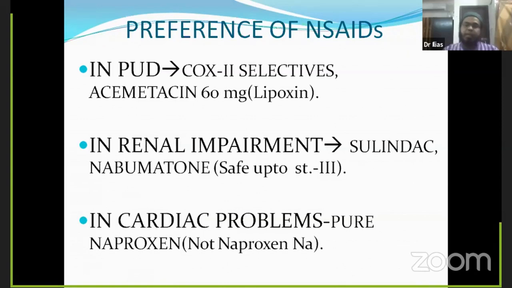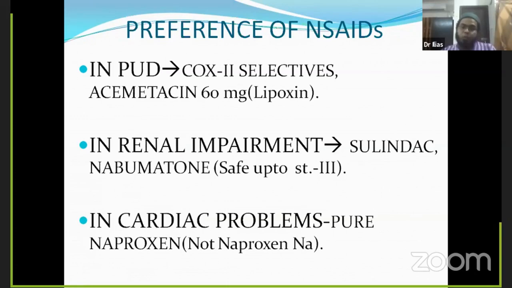But if anybody still asks you about prescribing NSAIDs for this kind of renal impaired patient, where we can't reduce the pain other than by prescribing an NSAID, you can tell Sulindac and Nabumetone. These two drugs can be prescribed for reducing pain in renal impairment up to stage 3 of the renal impairment disease.